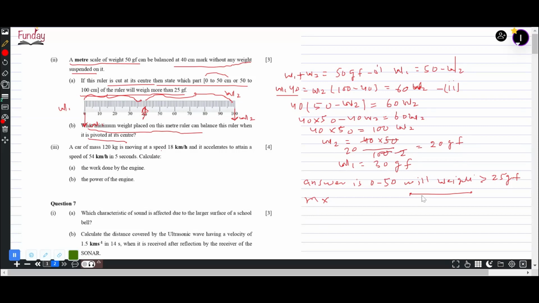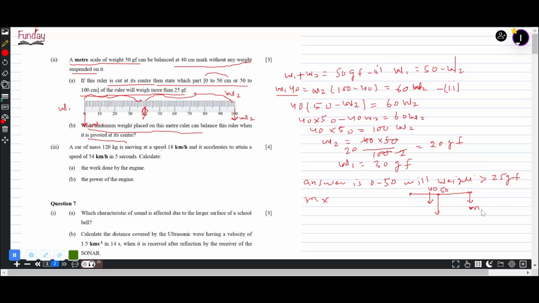And the scale was previously balanced at the 40 mark, correct? This was 40. So there was no problem when you are balancing it at 40. But actually you want to balance it now at 50. So you will have to put some weight here.